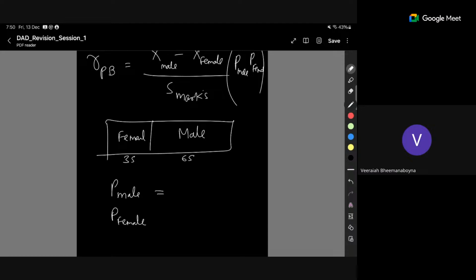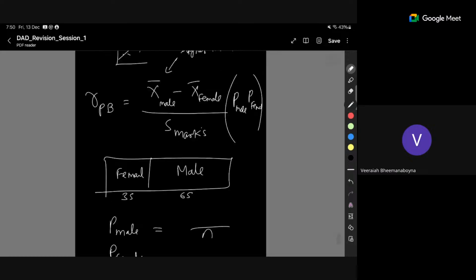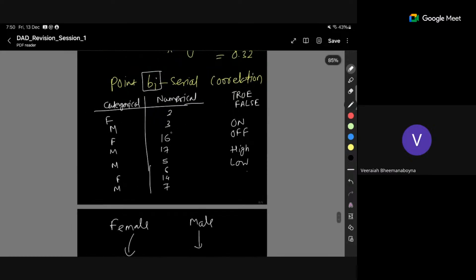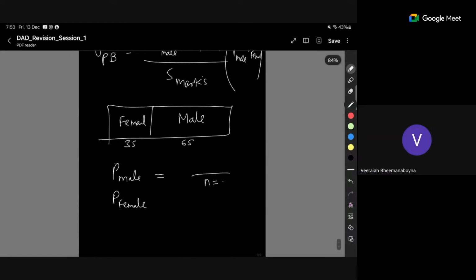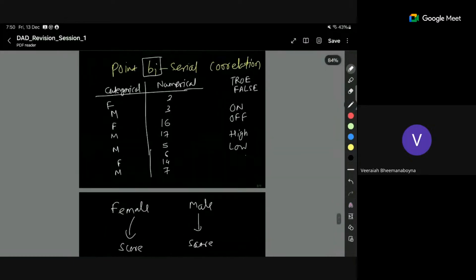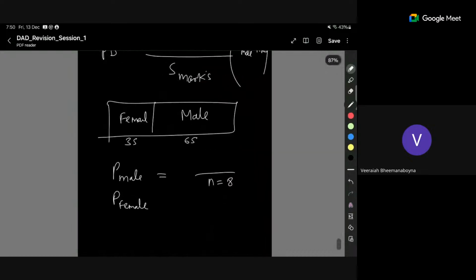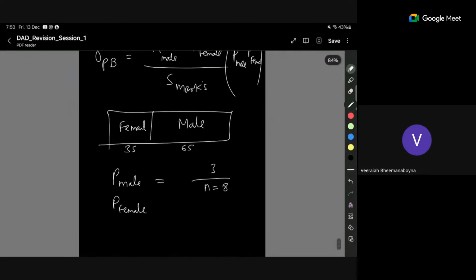You can figure it out that you have, let's say, total n, right? So how many did we have? 1, 2, 3, 4, 5, 6, 7, 8. We had 8 total, so n equals 8. And how many females are there? 1, 2, 3. 3 females. This was related to male, so I'll write 5. 8 minus 5 is 3, so 3 by 8.